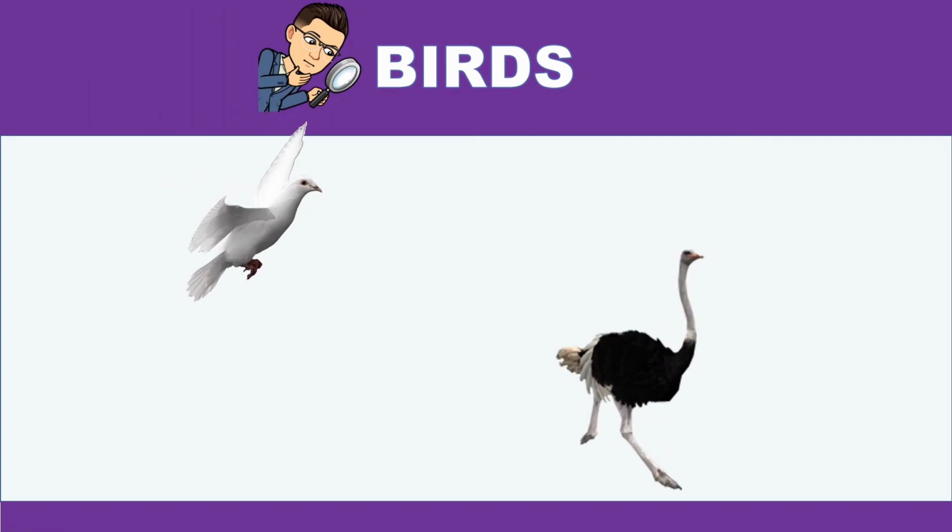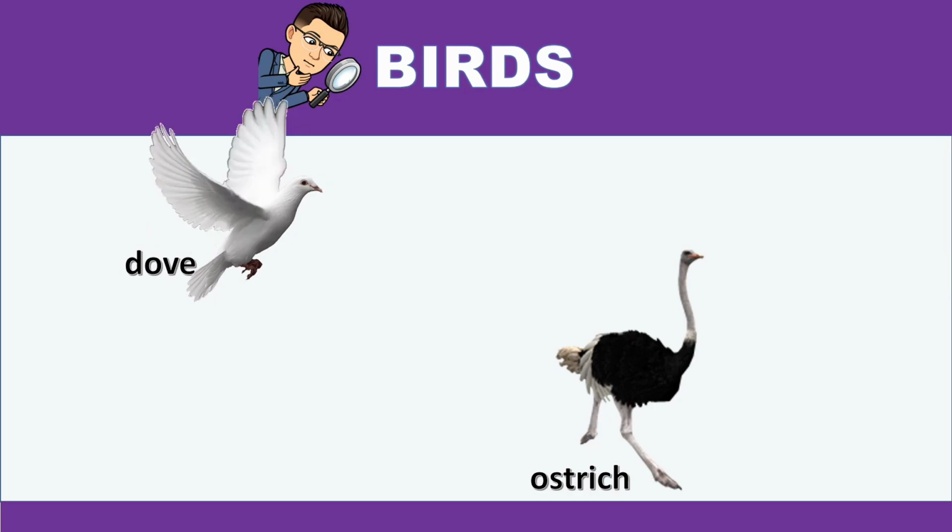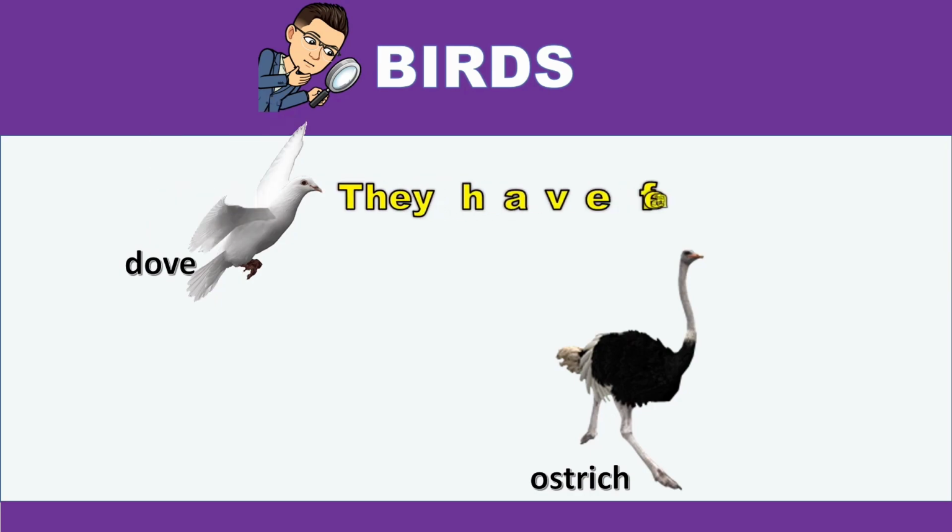What are these animals, class? You're right! These animals are dove and ostrich. Dove and ostrich are examples of birds. Will you describe their body coverings? Very good.